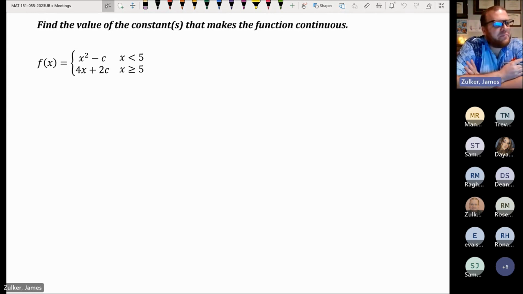All right, well, first off, the two pieces are both polynomials, so they are continuous everywhere. So we don't have that problem. F of 5 is clearly defined no matter what the value of c, so that doesn't really tell us anything. We need the two one-sided limits to be equal because we need the limit at 5 to exist.